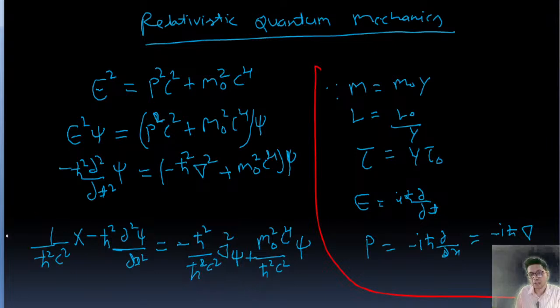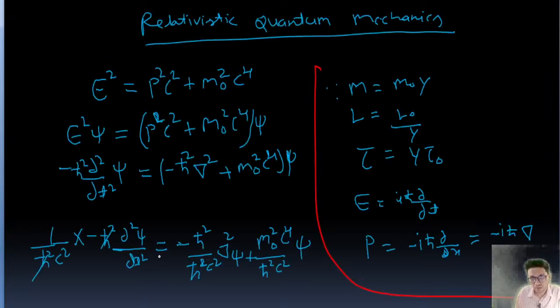Now h cut square will get cancelled, so this value is going to be minus 1 upon c square del square psi upon del t square. And here h cut will get cancelled, minus del square psi.